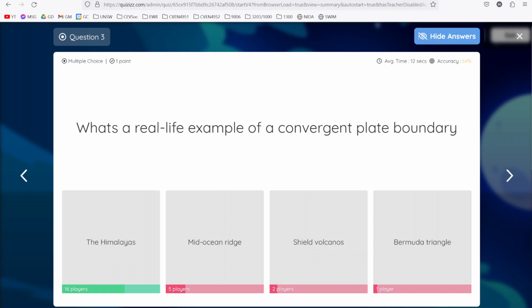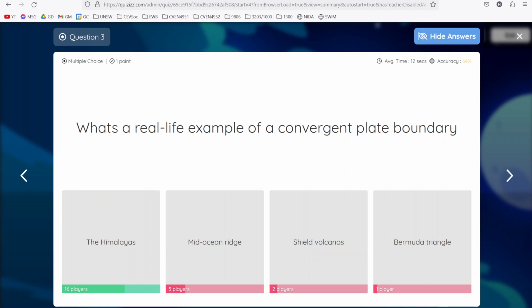Shield volcanoes can occur in the middle of plates, right? So this is the Pacific plate, Ring of Fire, all that. Somewhere in the middle is Hawaii, and Hawaii is actually made up of old volcanoes.